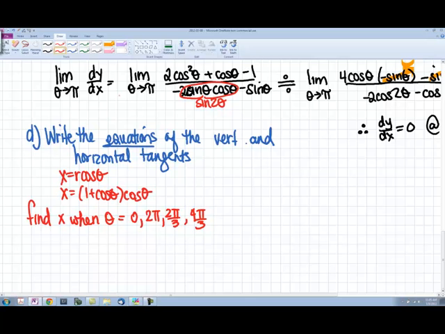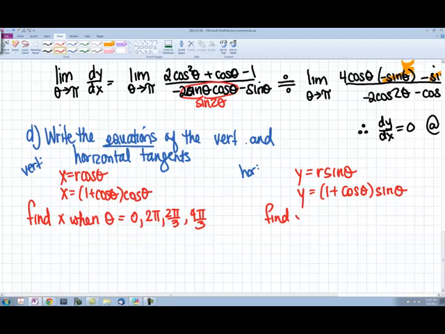Now for the horizontal tangent lines, oops, let me write vertical here. And for our horizontal tangent lines, I'm going to use y equals r sine θ, which is 1 plus cosine θ times the sine θ. And I want us to find y when θ equals π/3, 5π/3, or π.